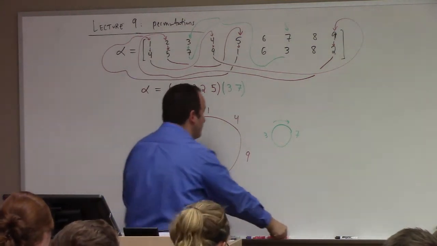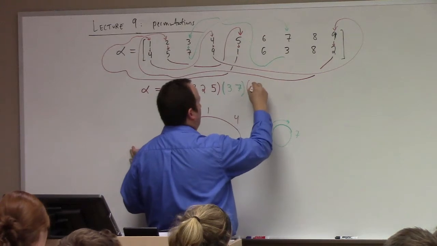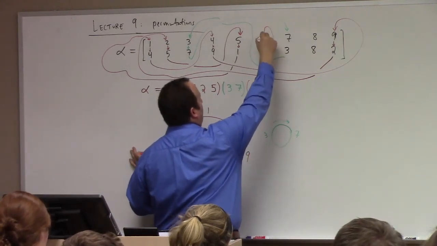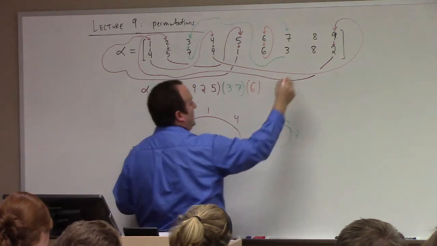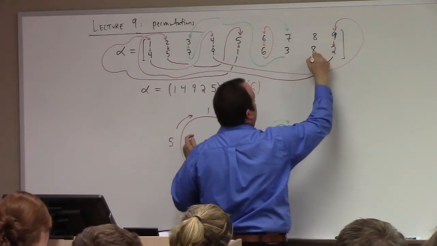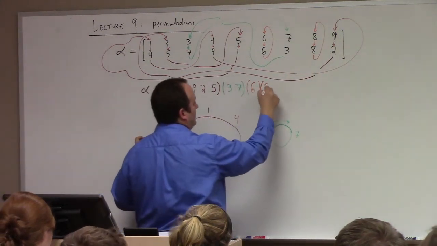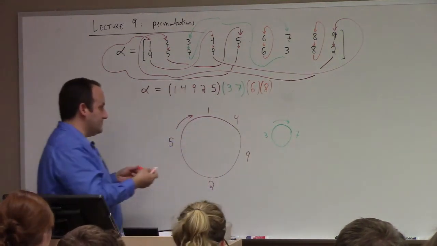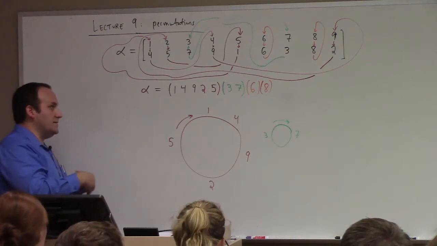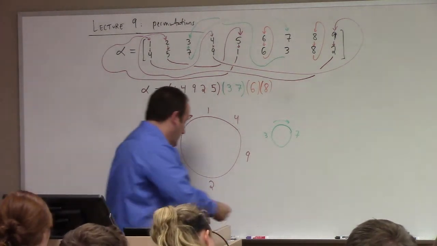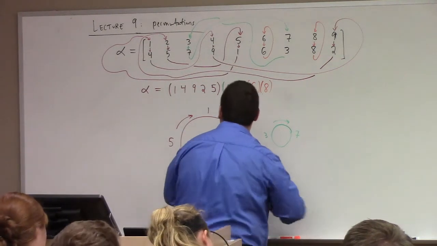We've got 6 and we've got 8, which are just those particular numbers that are not moved. These are fixed by this permutation. And there you have it.